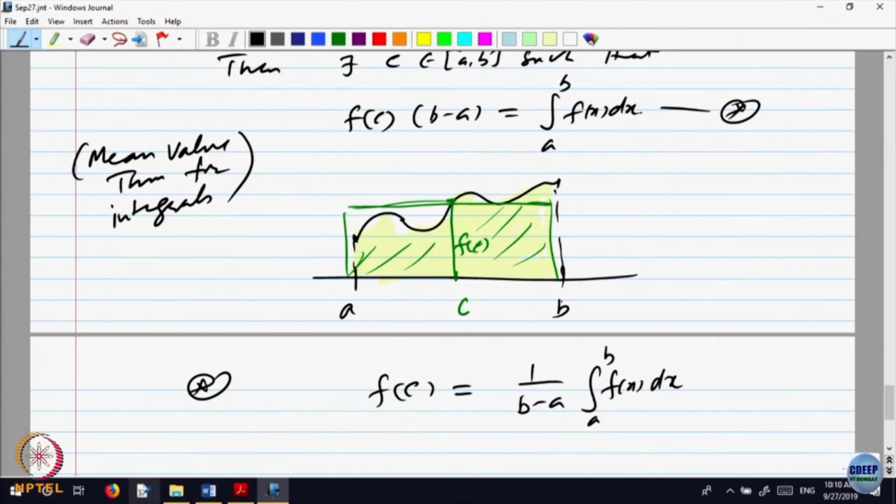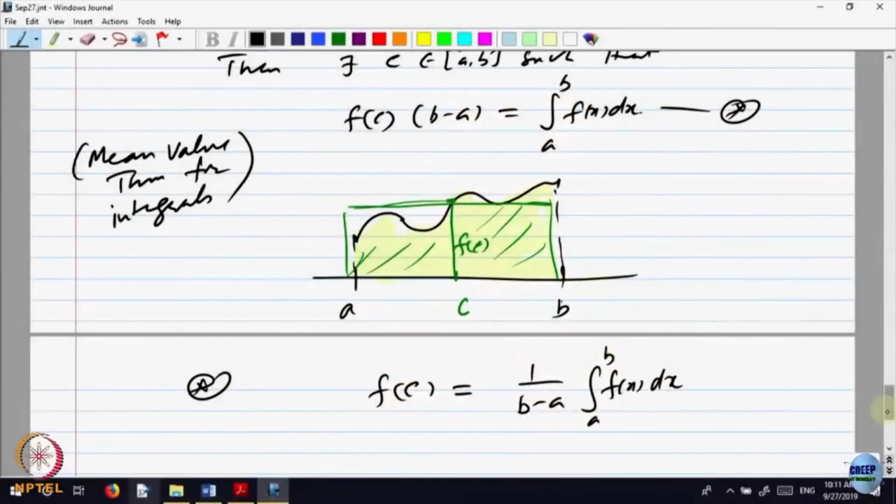It looks like an average of the function. f of x is a value at a point in AB, sum up the values, so the summation is the integral a to b, divided by the total number of values, that is the length of the interval. So the right hand side can be called the average value of the function on the interval AB.